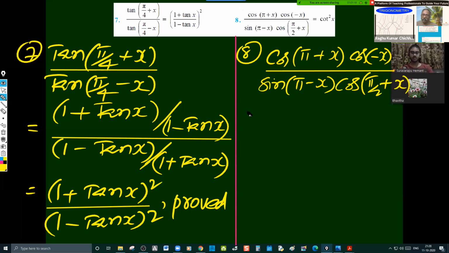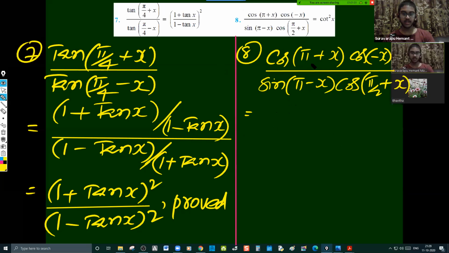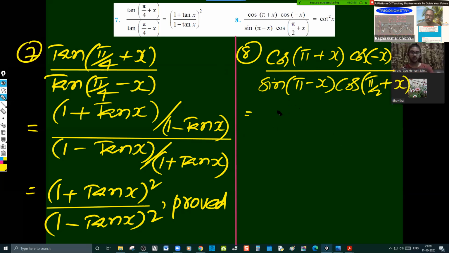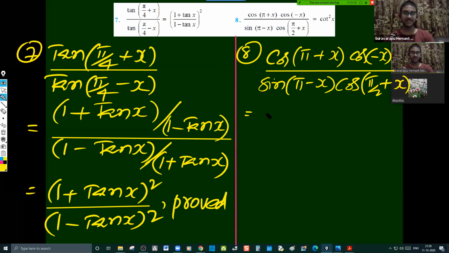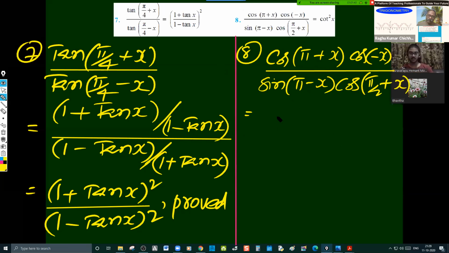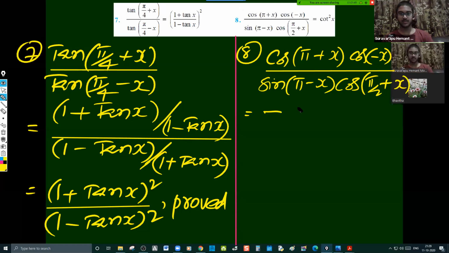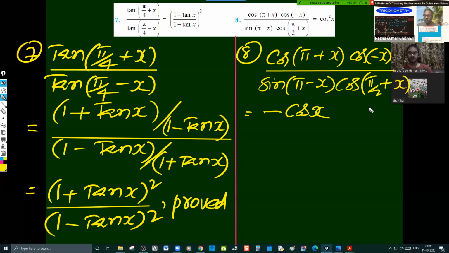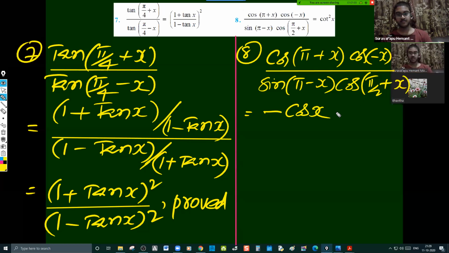Now, tell me what is cos of 180 plus theta, Maurya? Which quadrant first? 180 plus theta, that's third quadrant. Then what is the value? That's minus cos. Minus 1 into cos of minus theta, which is cos theta.